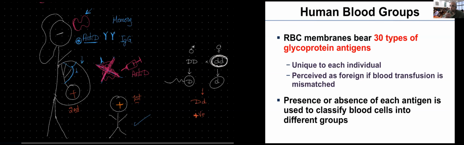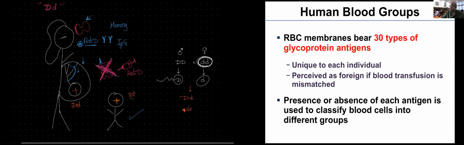All right, so I will do this with every pregnancy, with every miscarriage, any time the woman got pregnant. I need to prevent her from getting exposed to antigen D from the baby during labor. All right, questions?